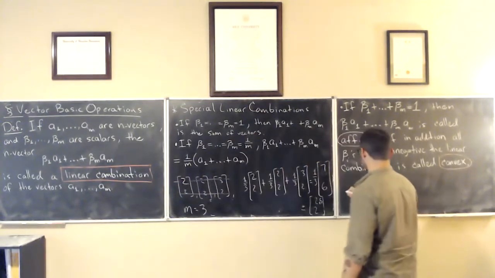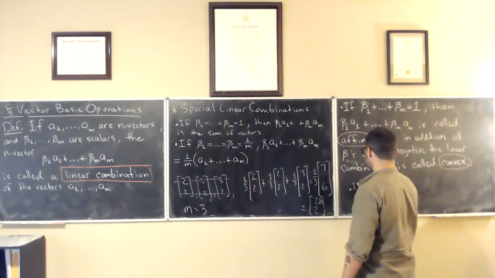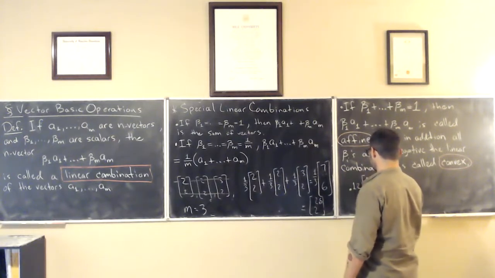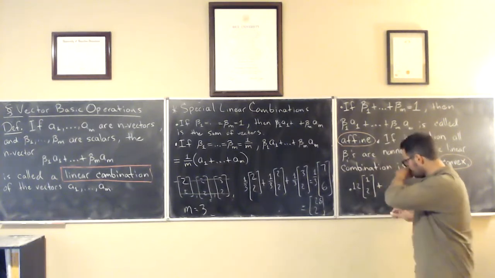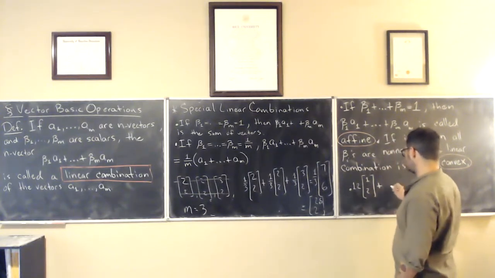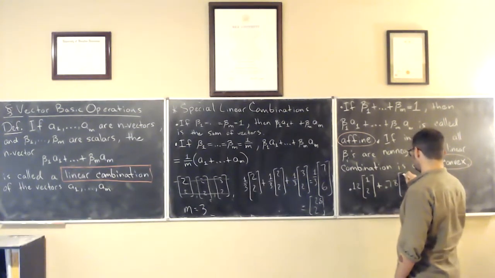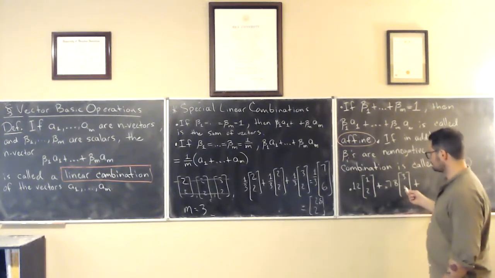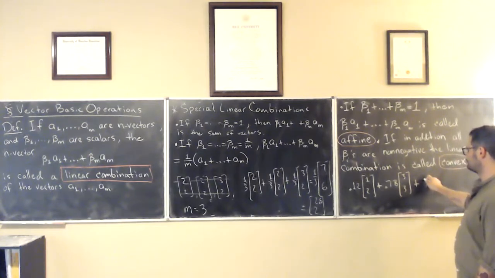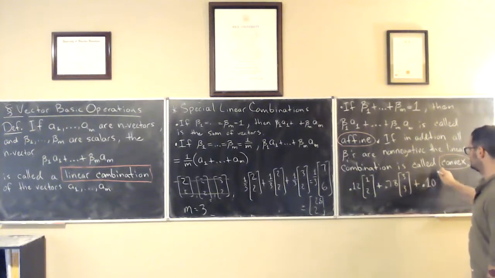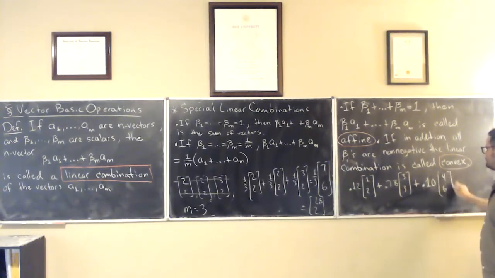For example, 0.12 times this, plus, let's say, 0.78 times this, plus 0.10 times this.